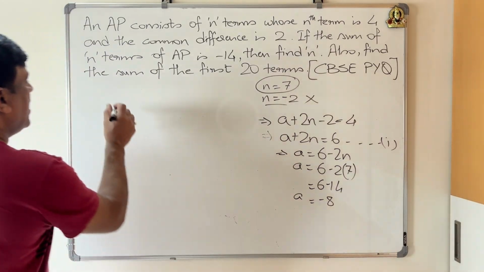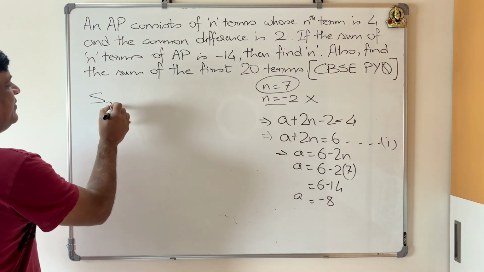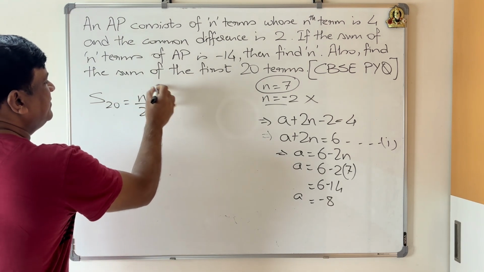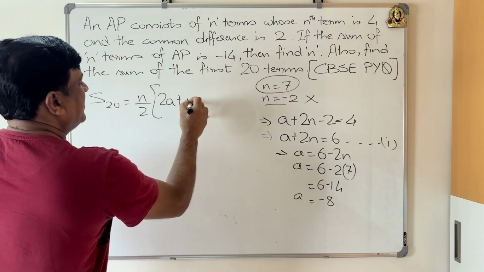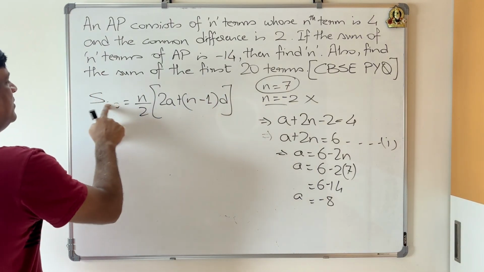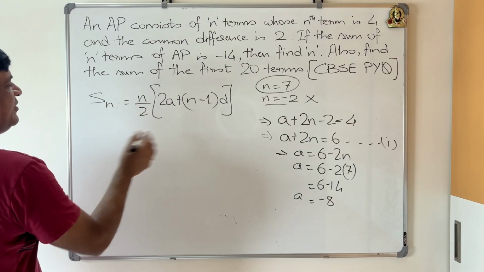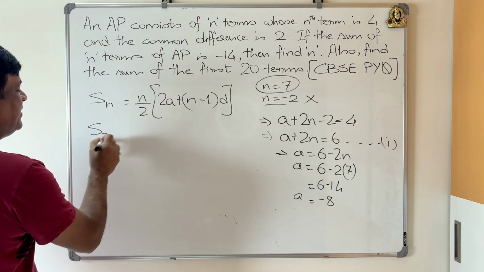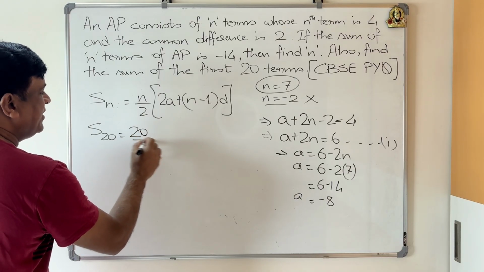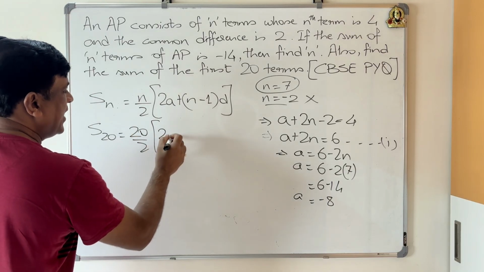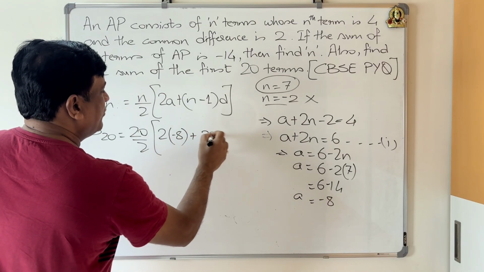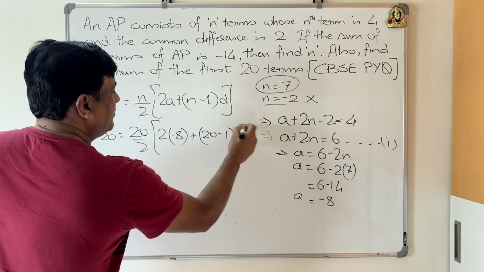Now they are asking us to calculate the sum of 20 terms. So let me write the formula: n by 2 times 2a plus (n minus 1) times d. They told that calculate the sum of 20 terms, means n equal to 20. So 20 divided by 2, times 2 times minus 8 plus (20 minus 1) times 2.